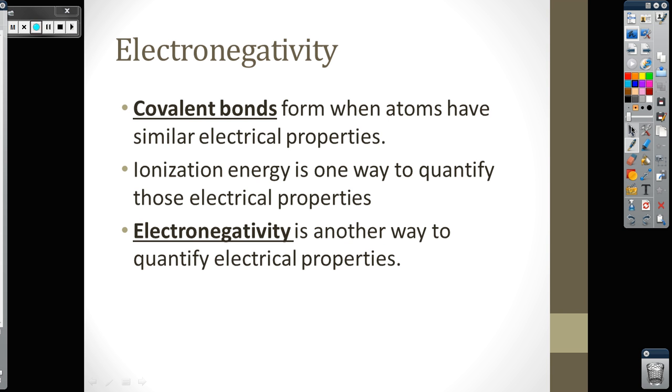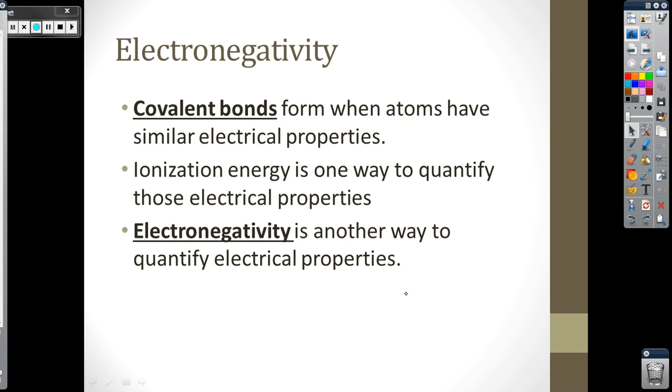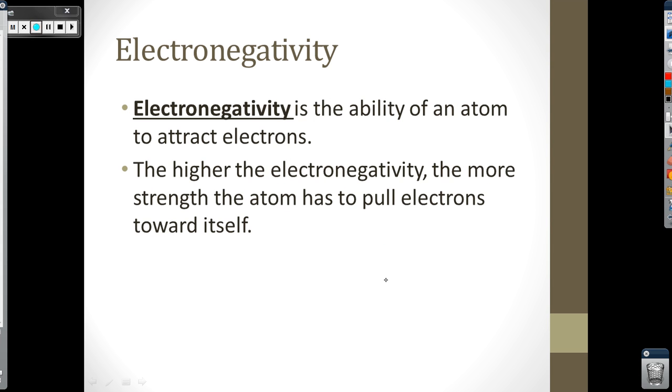Another way to look at those electrical properties is something called electronegativity, and that's what we're going to talk about today in this lecture. Okay, so electronegativity is the ability of an atom to attract electrons. Some atoms are much, much better or much stronger and able to attract electrons to themselves.